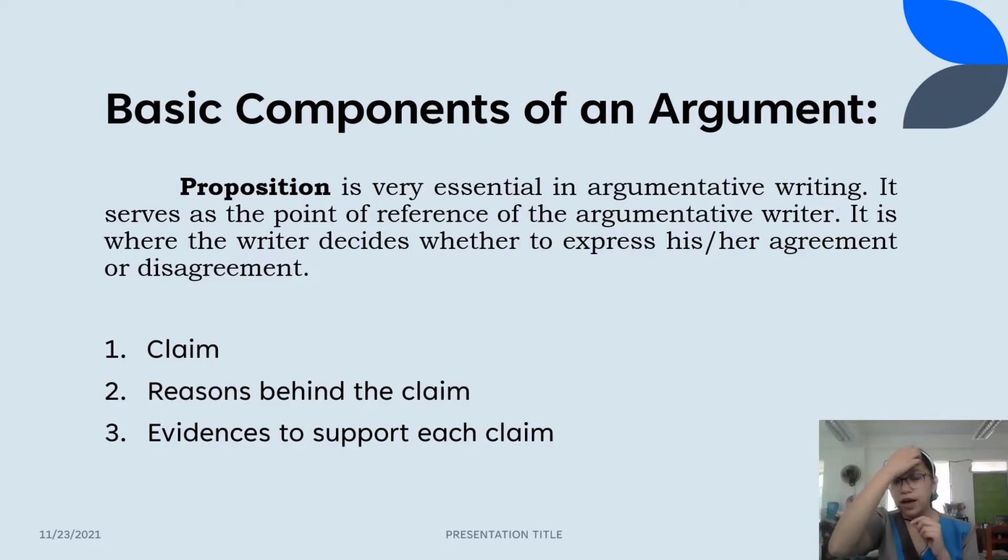So, halimbawa, meron tayong issue. Kapag ikaw ay nag-side doon sa issue, meaning kung ikaw ay pro doon sa issue, that is your proposition because you agree on that. But if you disagree on that, then that is also called proposition. This is your position. Kaya nga siya position. It is your stand on certain issues.